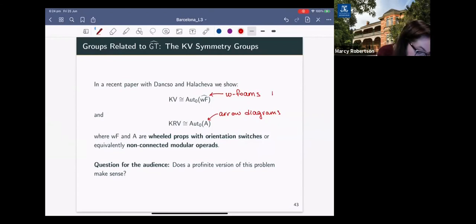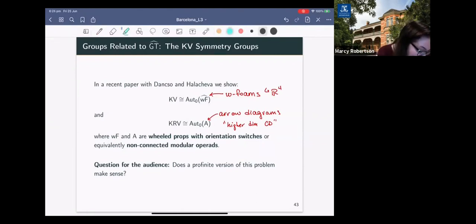So these are like knots, they live in R4. And arrow diagrams are a higher dimensional version of chord diagrams, which you've seen already this time. And in the paper, we present them as a type of wheeled prop with orientation switches, which is equivalent to a non-connected modular operad.